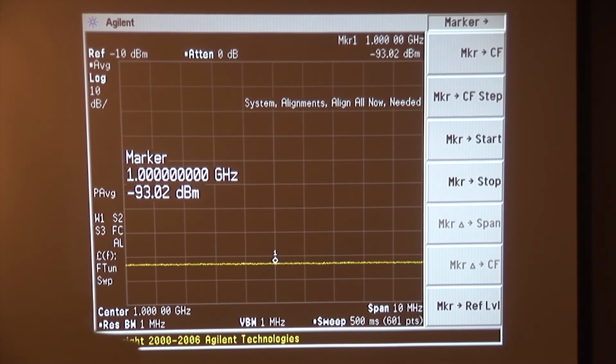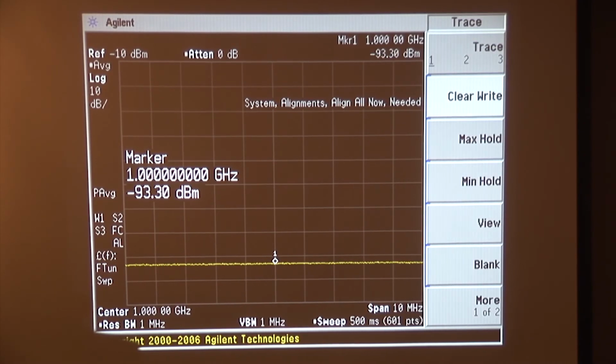In fact, I'm going to go back and save this trace momentarily. Actually, here's what we're going to do. We'll say trace 1 view. Okay, that's the noise with no amplifier.